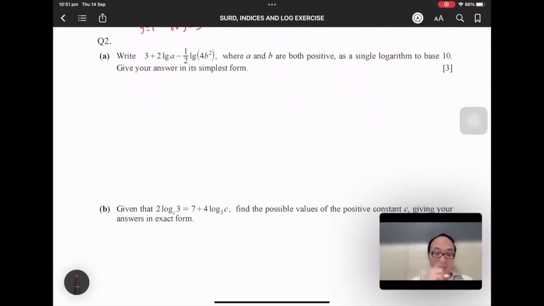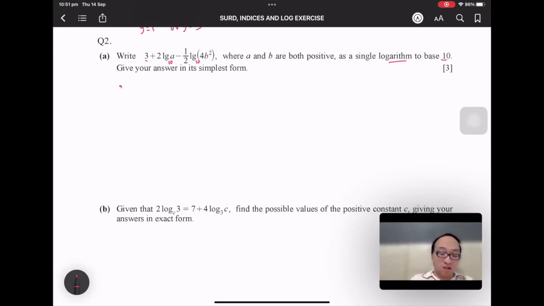Number 2, write 2 plus 3 plus 2 log to the base 10 of A, minus half log for B squared, also base 10, where A and B are both positive, as a single logarithm to the base 10. So we have to change the 3 into a log.